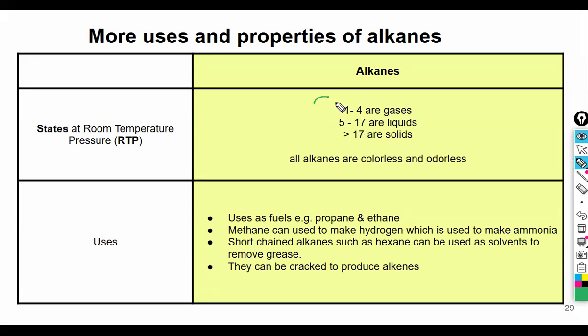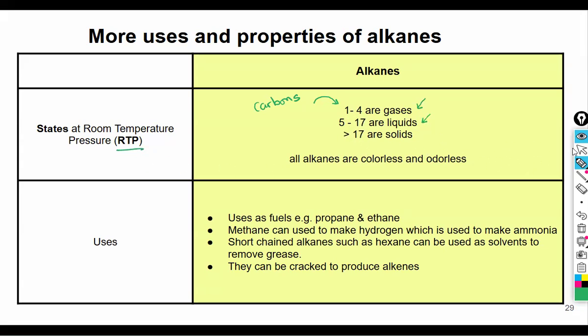I'll put a little arrow here. These represent the amount of carbons. So if an alkane has from 1 to 4 carbons, things like methane, ethane, propane, and butane, they will be what? Gases. If it has from 5 to 17 carbons, it will be what? A liquid at room temperature. Everything here is room temperature and pressure.